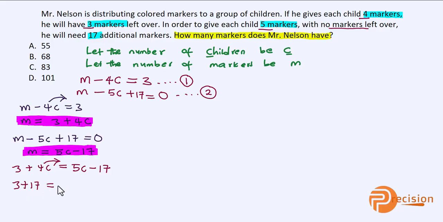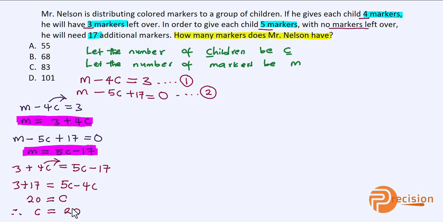Remember, when a value crosses the equality sign, it changes its sign. So if it was a positive value, it changes to negative, and if it was a negative value, it changes to positive. And here we have 5C minus 4C. 3 plus 17 gives us 20, and 5C minus 4C gives us 1C. So that's just C, because in mathematics we don't write 1x or 1y. It's just x, y, or C based on the variable. So therefore C is equal to 20.